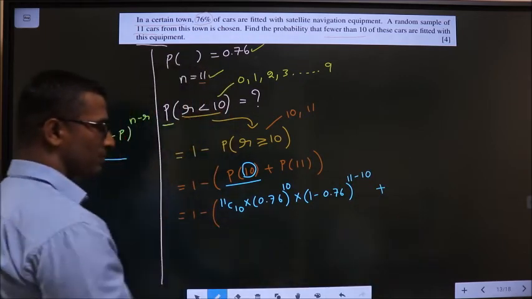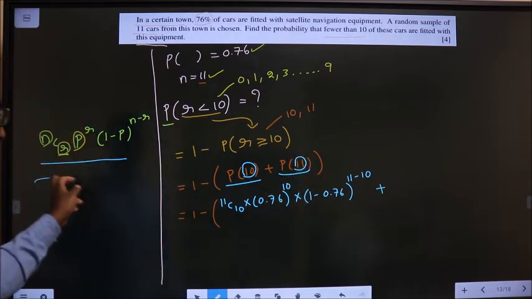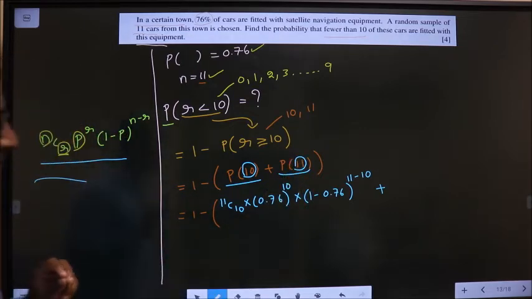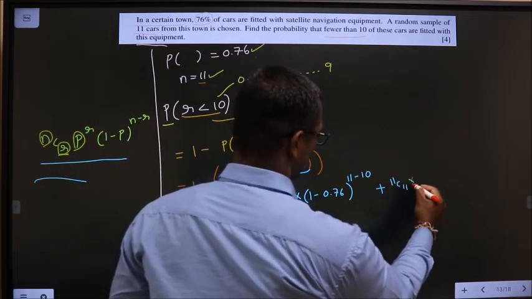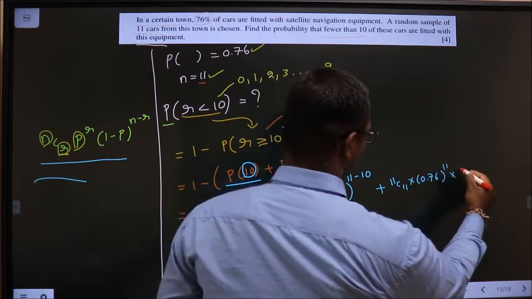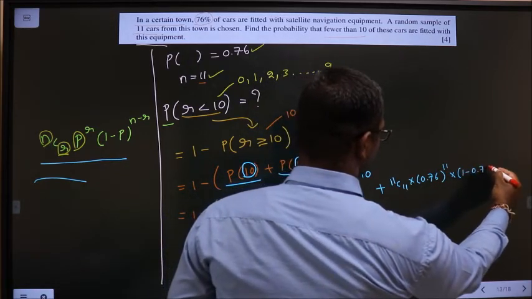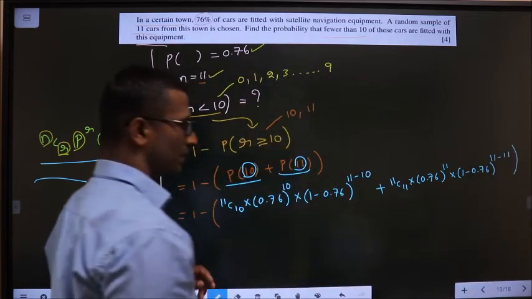Now when r is 11, replace it in this formula. We get 11C11 into 0.76 power 11 into (1 minus 0.76) power (11 minus 11). Clear?